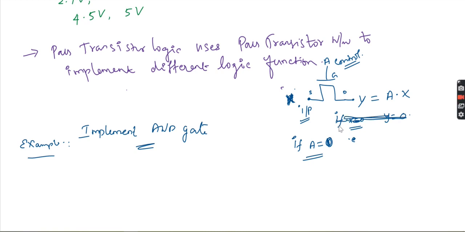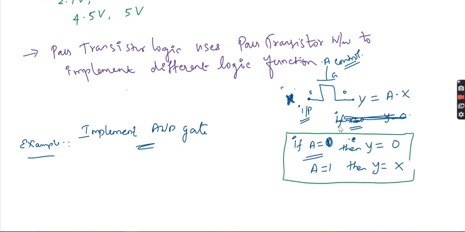If A is equal to 0, then what is Y? Y will be 0 irrespective of X. If A is equal to 1, then Y will be equal to X. This is what I mean to say. I hope you got it.